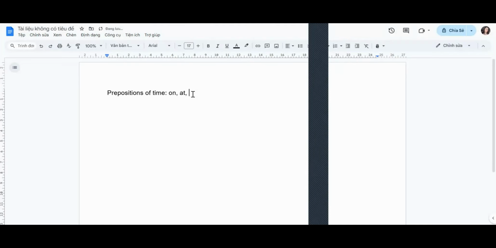On, at, and in. Good. What do we use on, at, and in? What do we use them to talk about? We use them to talk about, that's right, times and dates. All right, so what does on go with?